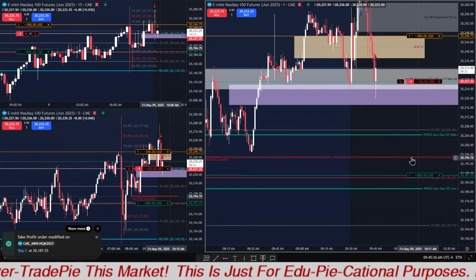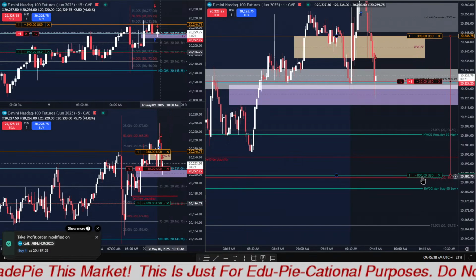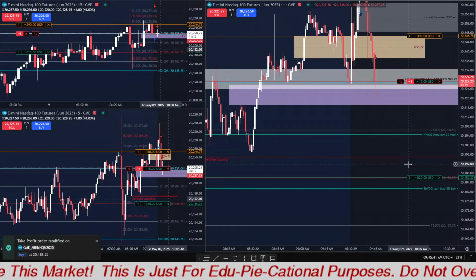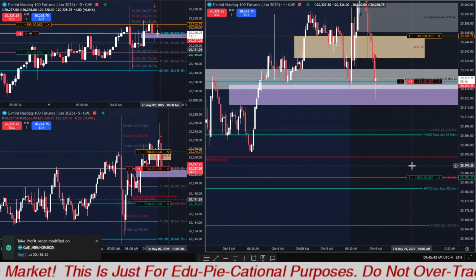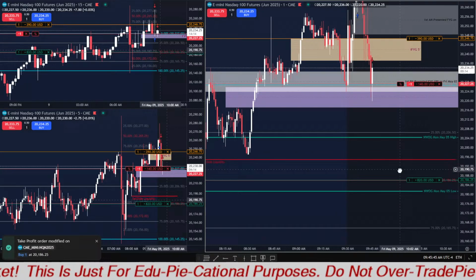Okay, now we got into this position and the target is the 50% level of the opening range gap.